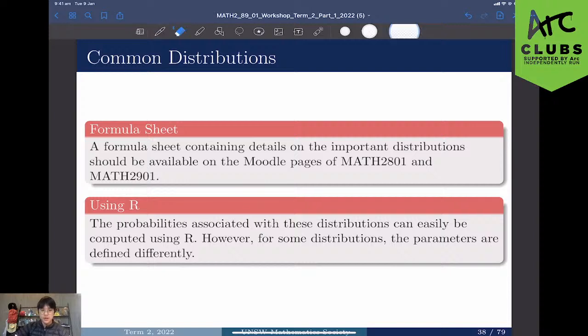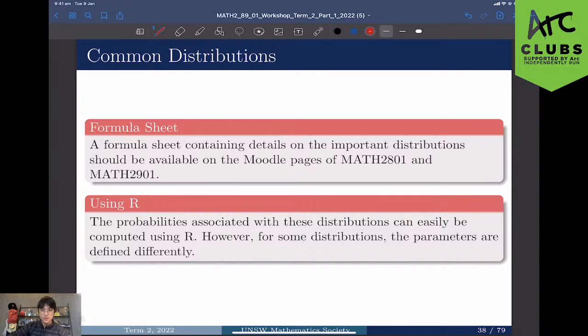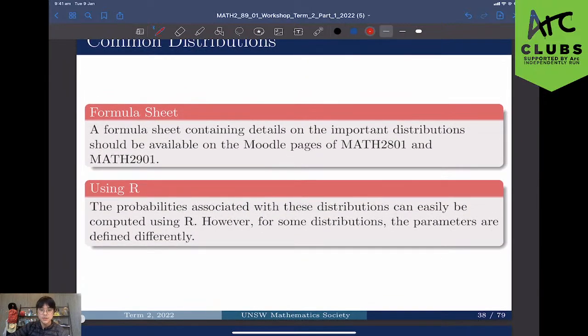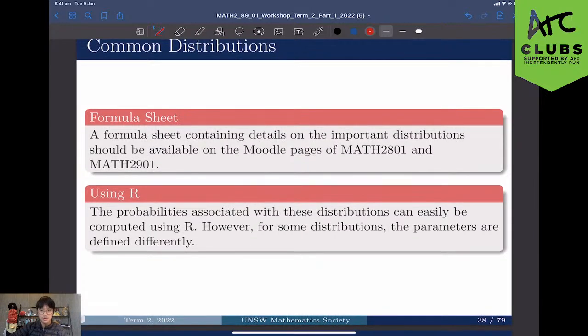Later down, I have the formula sheet in the presentation, so I'll just show you how to use it. And a lot of the probabilities associated with these distributions can easily be computed using R. However, for some distributions, the parameters are defined differently.